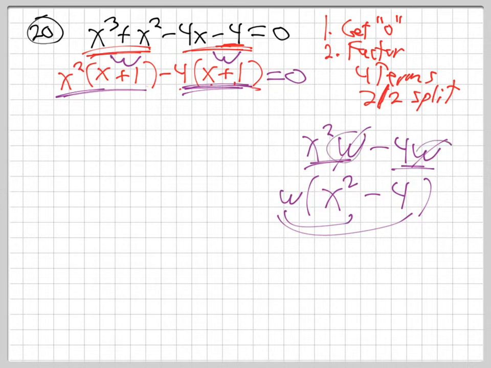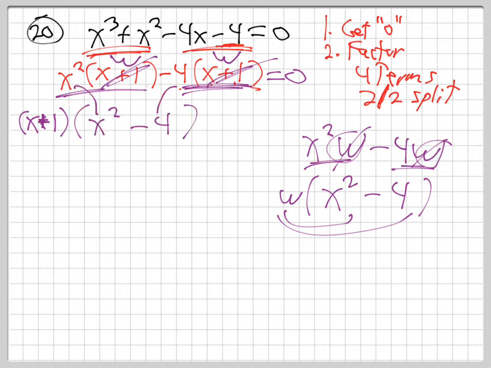You just put the thing they share in common in the front, in this case the parenthesis x plus 1 instead of a W. Cross it off, write a new set of parentheses, bring down the leftovers, x squared minus 4. It's the same thing as if it was a W and a W.